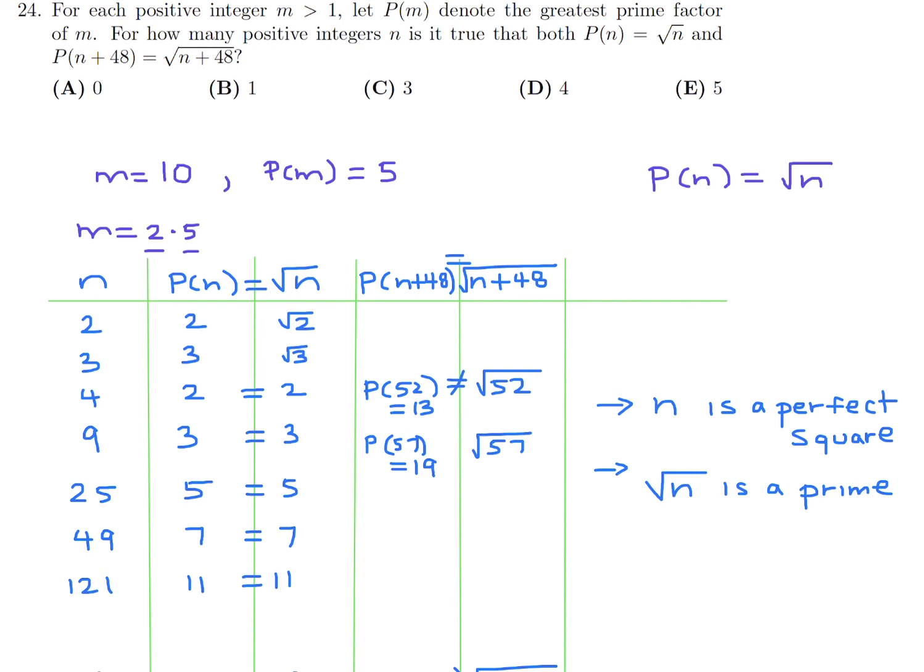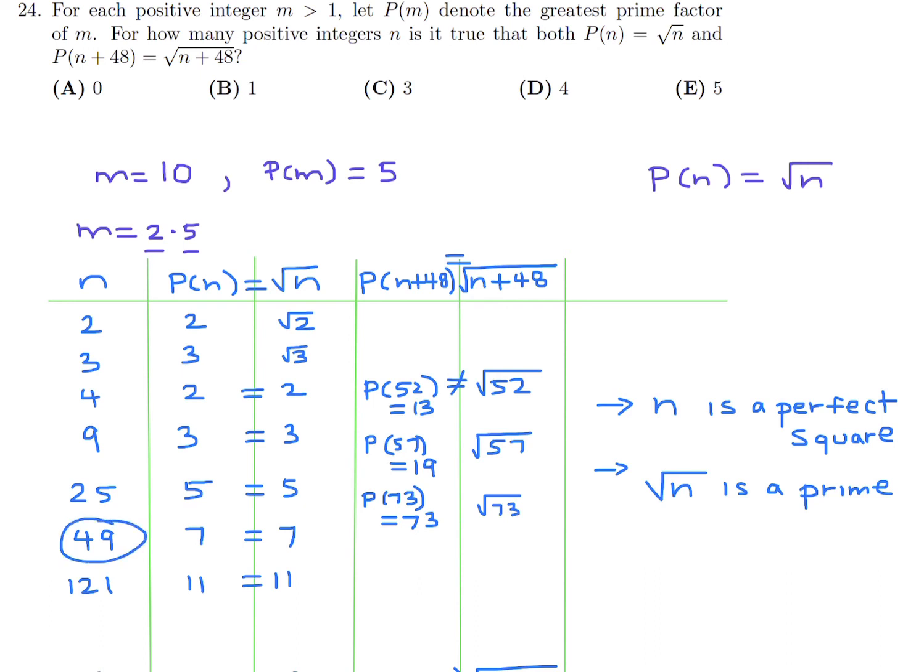We got 25 plus 48, and that's P of 73. And 73 being prime, P of 73 is just 73. And therefore the square root of 25 plus 48 becomes root of 73. And obviously the root of 73 is not equal to 73.